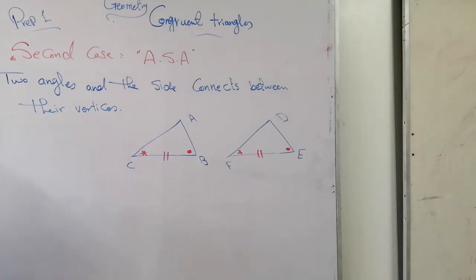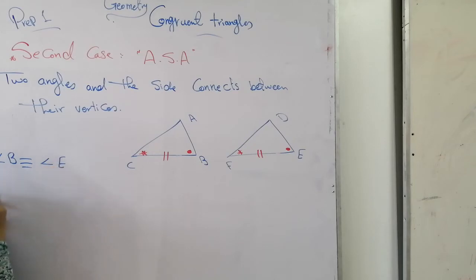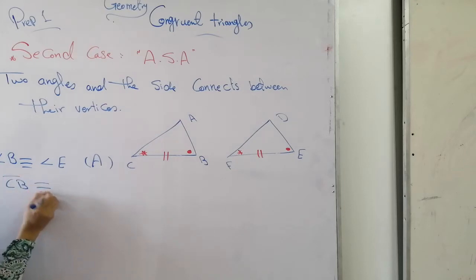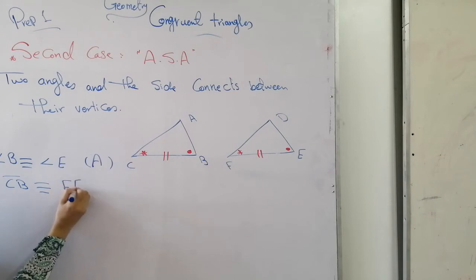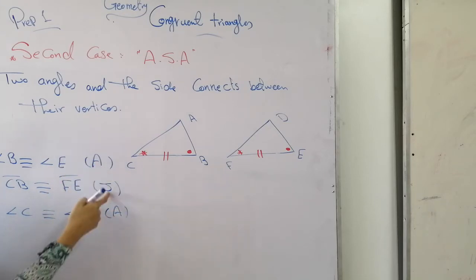Here in these two triangles, I have angle B congruent to what? What is the corresponding angle here? Angle E. Then side CB is congruent to side FE, and angle C is congruent to angle F. So the case here is angle, side, angle.